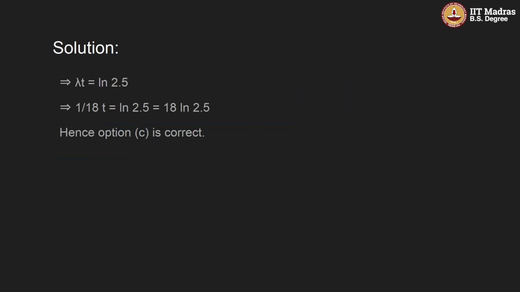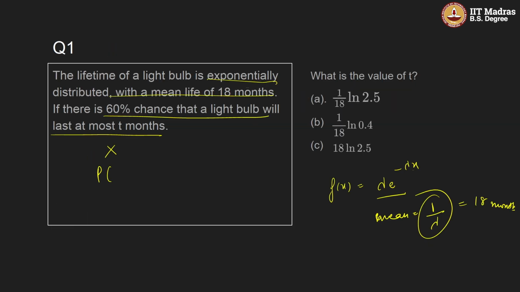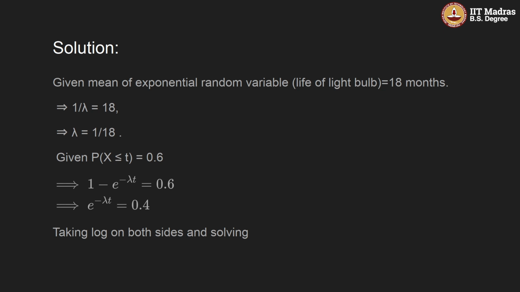So the probability that x is less than or equal to t is given as 60%, that is 0.6. So we have to find out this value of t, like what is the at most t months that the chance that a light bulb will last is 60%. Okay. Now, let's see the solution.